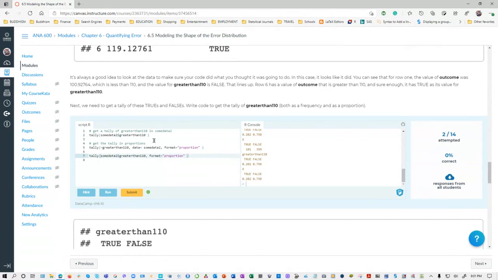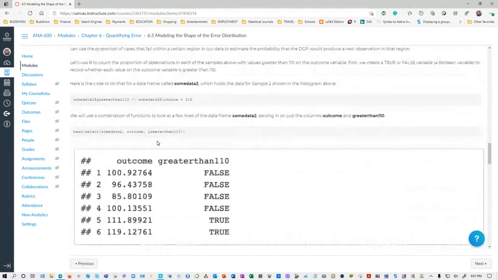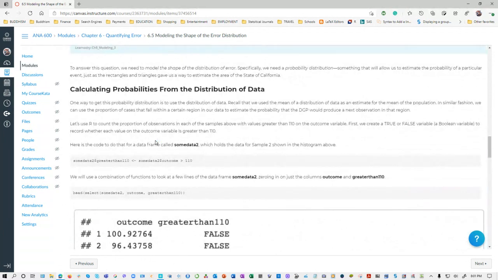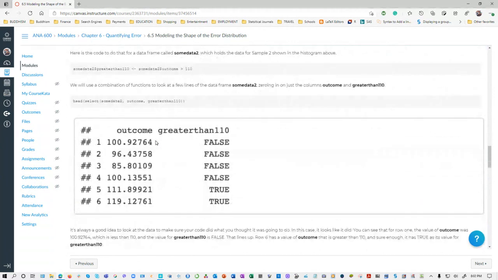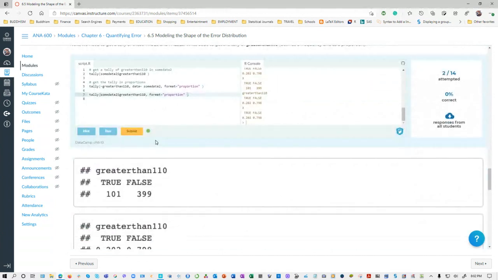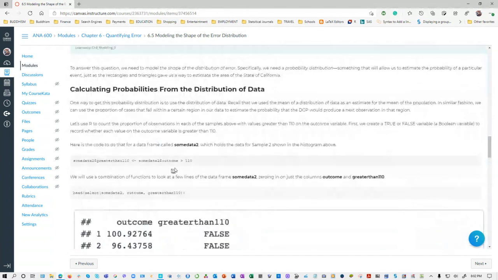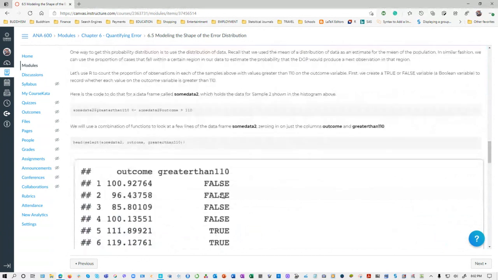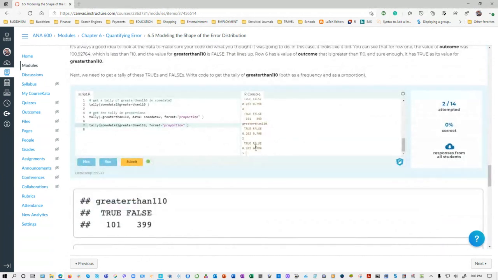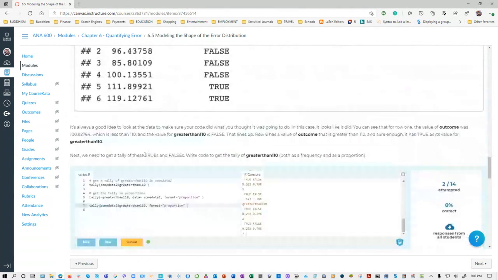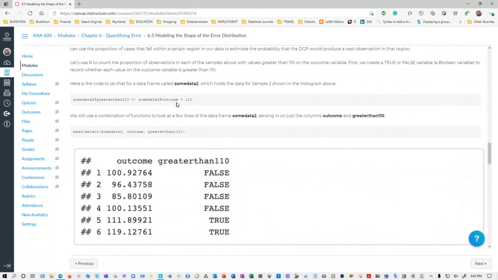Okay, the same way over here, any number that you pick from that particular data set, how many would be greater than 110? What's the proportion? What percentage of data will be more than 110? That we call the probability. True means that's the amount that is more than 110. The data set name is some data 2. It has a variable because it has been set into a data frame.